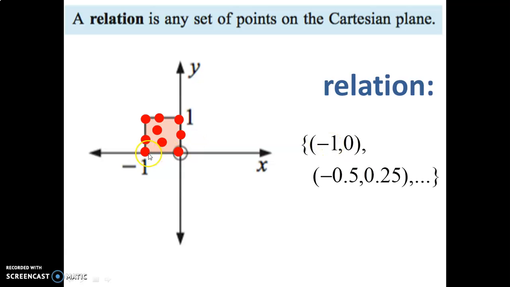Here's one, for example, negative 1, 0, that corner. Another point in there is negative 0.5, 0.25, right here. Is there a better way to list all these points? Well, there's no equation for a square. So we're going to come back to this one later, after we see some things in this lesson, and see if we can write this set of points without listing all the points.